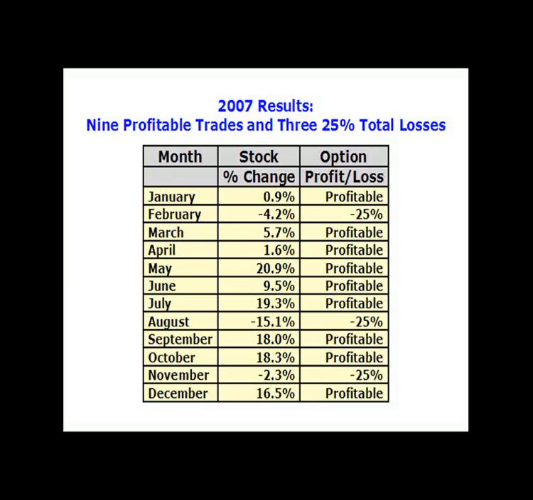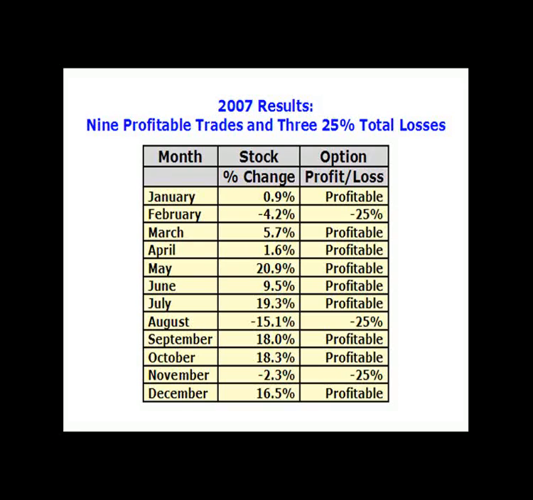The in-the-money call requires a 0.7% increase in Apple stock price at option expiration in order to break even. The 2007 option expiration price data allows us to project how many months in 2007 would be profitable based on a 0.7% increase in Apple's stock price to the break-even price.